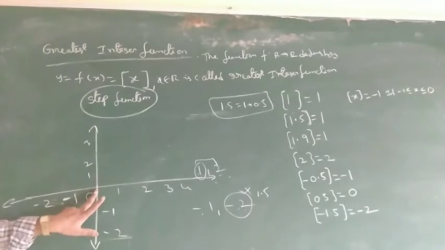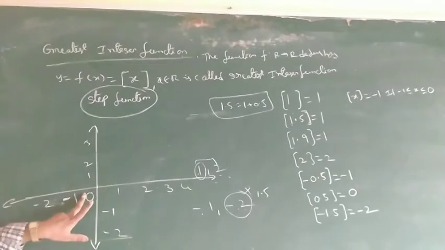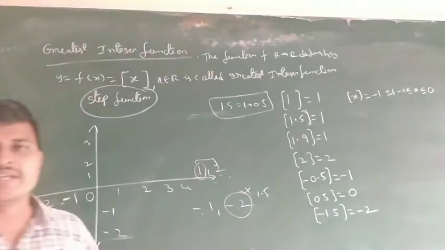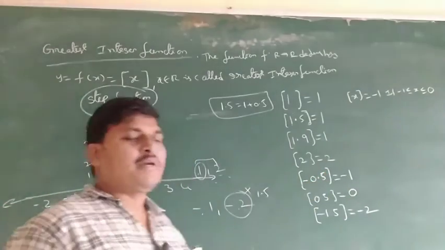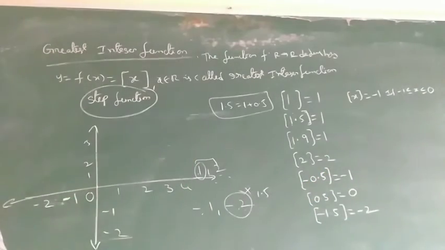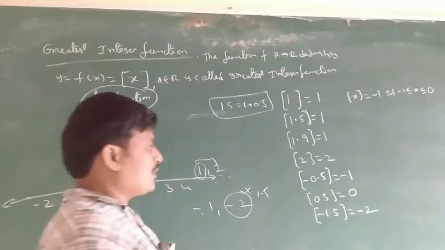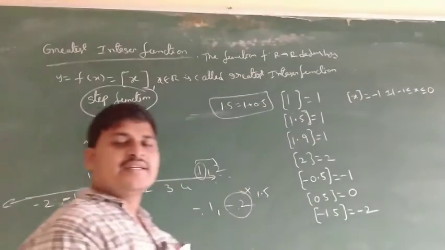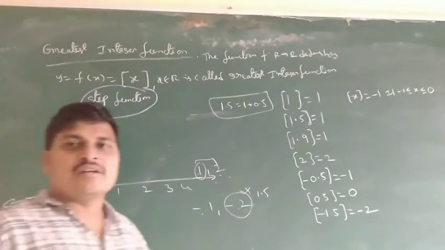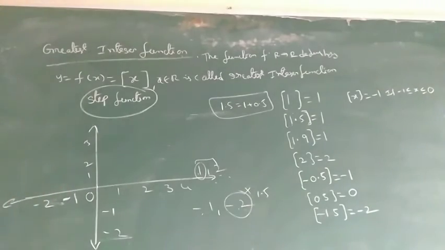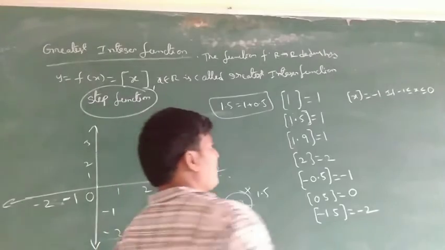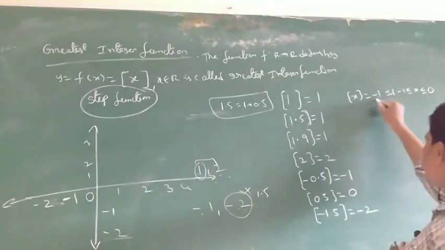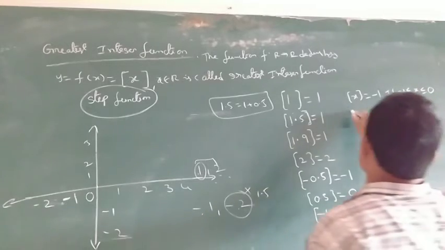So minus 0.1 equals minus 1, minus 0.2 equals minus 1, minus 0.3 equals minus 1, up to minus 0.9 equals minus 1. So step x, or greatest integer function, or integer function of x, all are the same. Here the greatest integer function gives minus 1 when x is between minus 1 and 0.